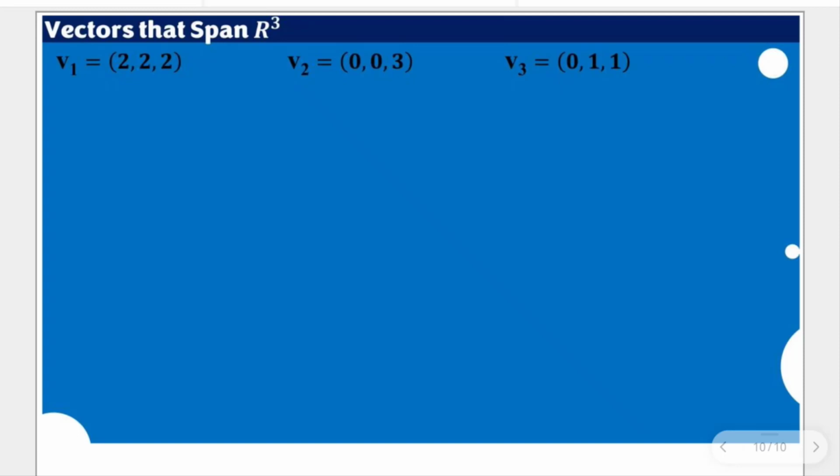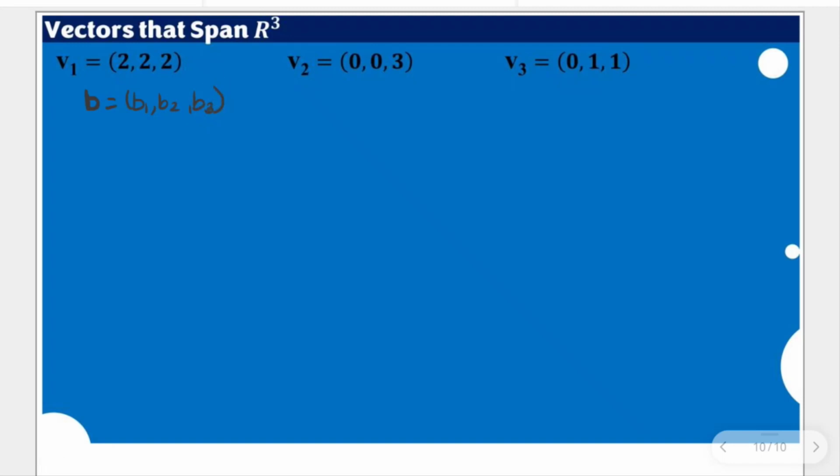To check whether these three given vectors span R cubed, or R3, we just need to show that these three vectors could become a linear combination of a certain, let's say, b vector. Since we are in R3, you have b sub 1, b sub 2, and b sub 3.